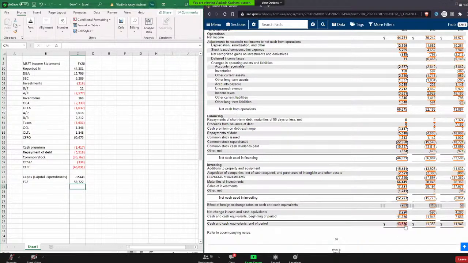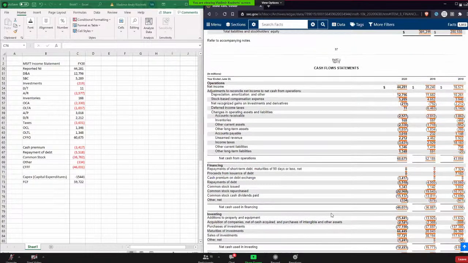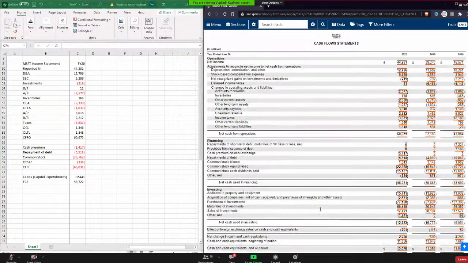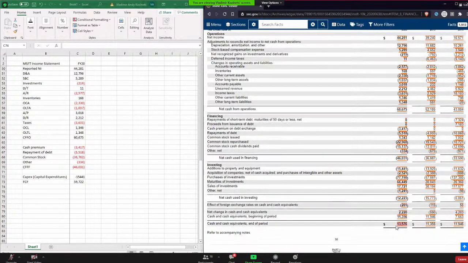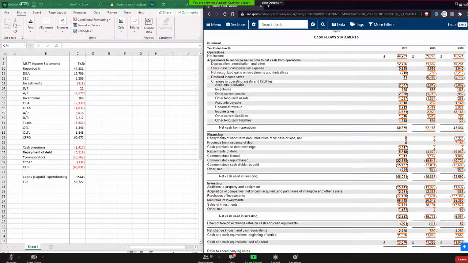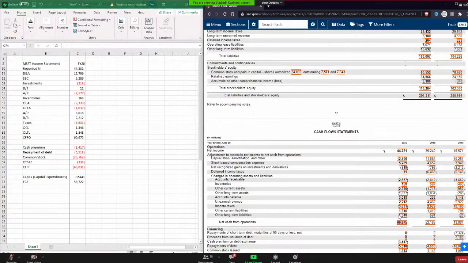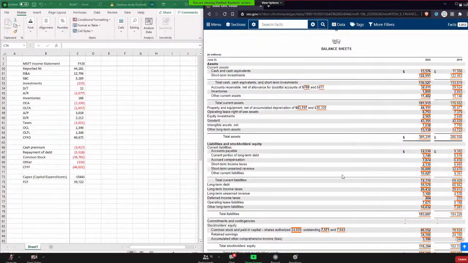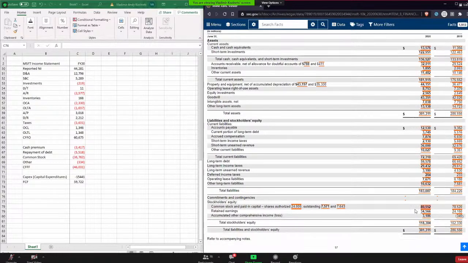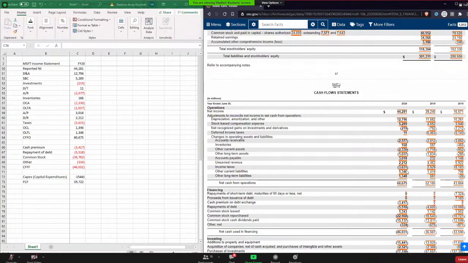The cash flow statement basically reconciles the balance sheet and the income statement. So here we see the cash at the bottom is 13,576 billion, and on the balance sheet we see cash is 13,576 billion. So same number. It should be the same number at the bottom here.